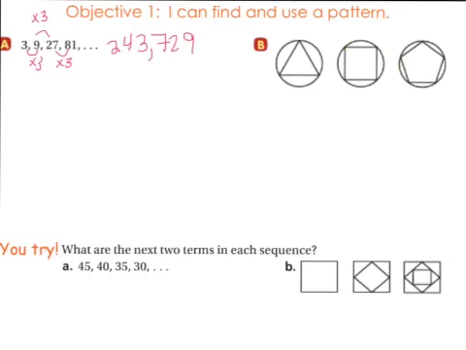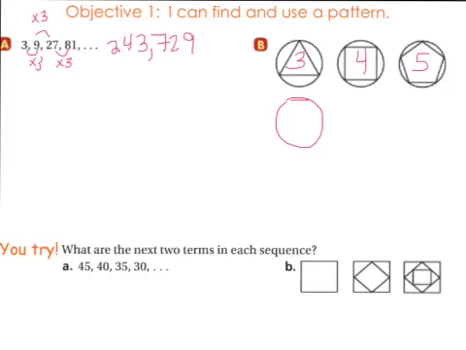We go from a shape with 3 sides to a shape with 4 sides to a shape with 5 sides. So this pattern is pretty easy to identify, and I know that for my next term in this sequence, I'm going to have a circle, and this time I'm going to have 6 sides.